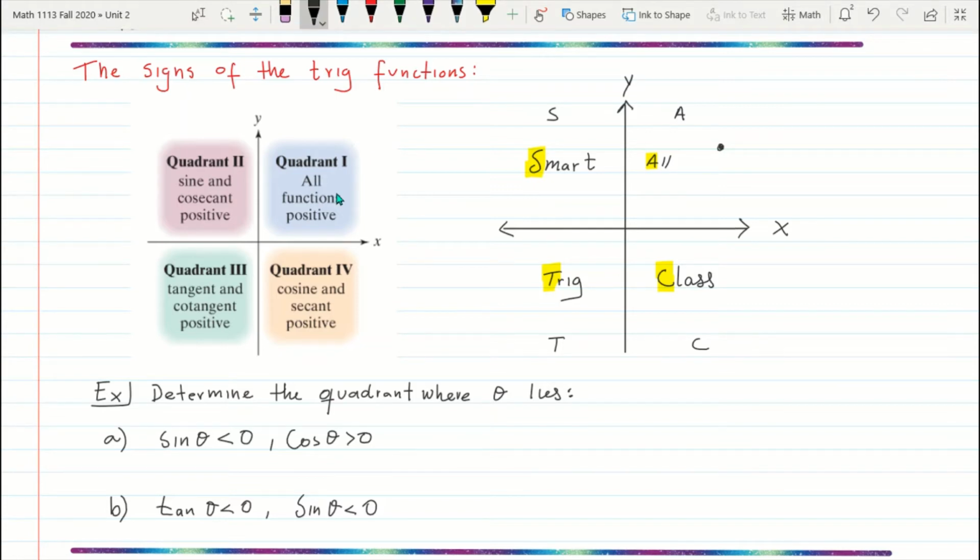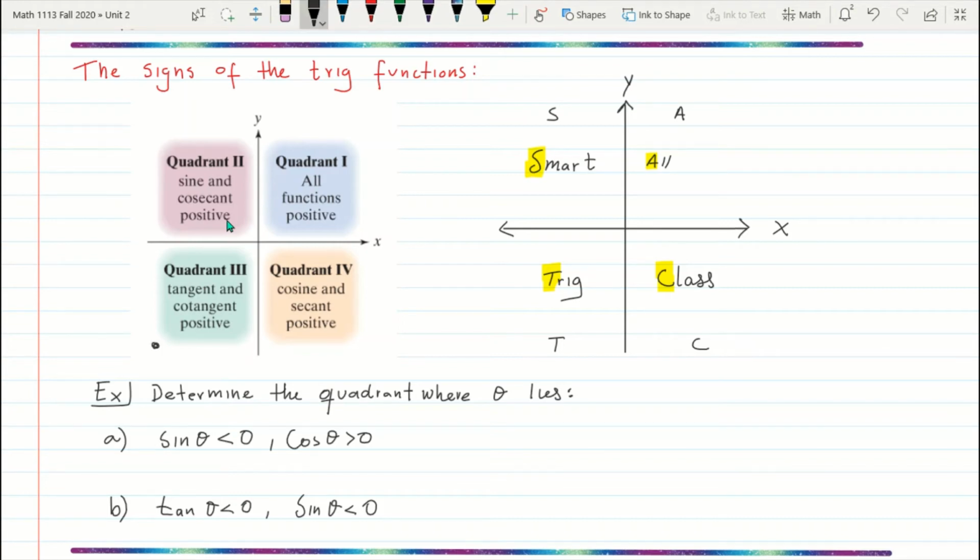But what if your point happens to be in the second quadrant? In the second quadrant, sine and cosecant are positive. Everything else is going to be negative, like we saw in the previous example. Okay? What happens if your point is in the third quadrant?